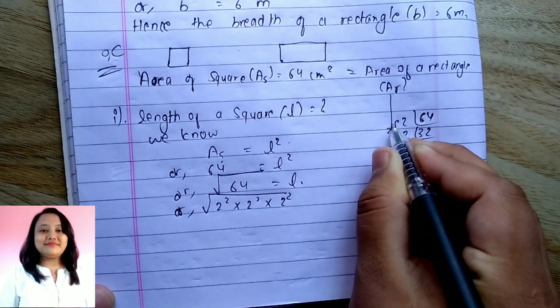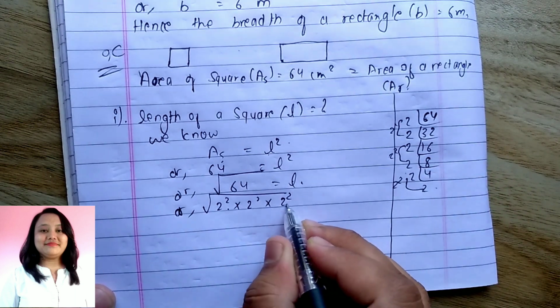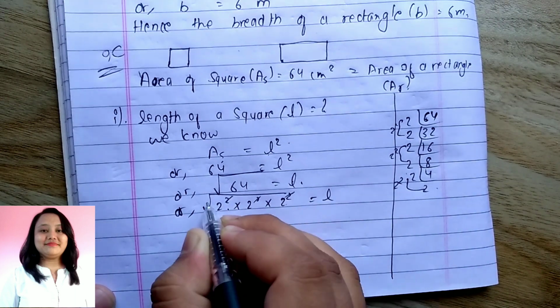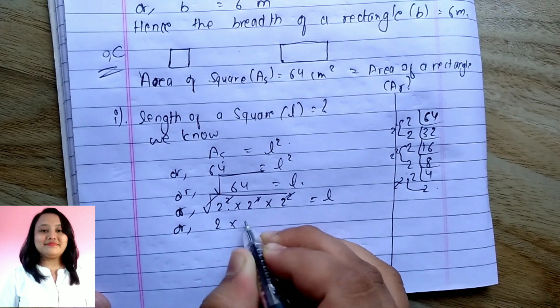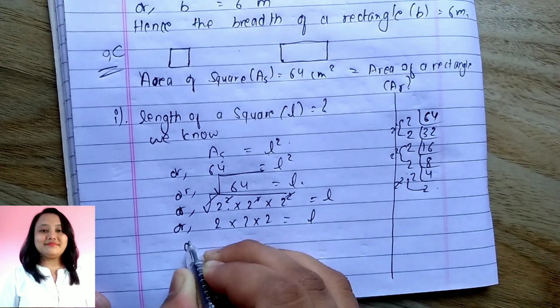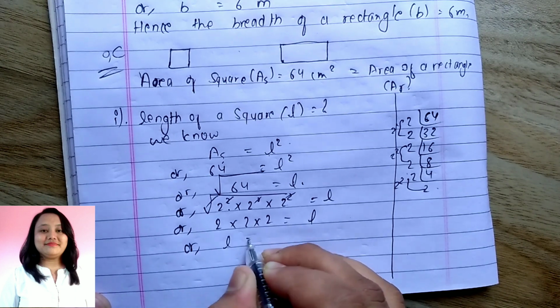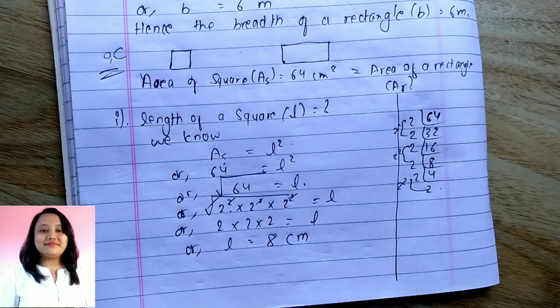So the square root of 2 square into 2 square into 2 square equals L. The square root cancels the squares, then 2 into 2 into 2 equals L. 2 into 2 is 4, 4 twos are 8. So L equals 8 centimeter. So we got the answer, it is 8 centimeter.